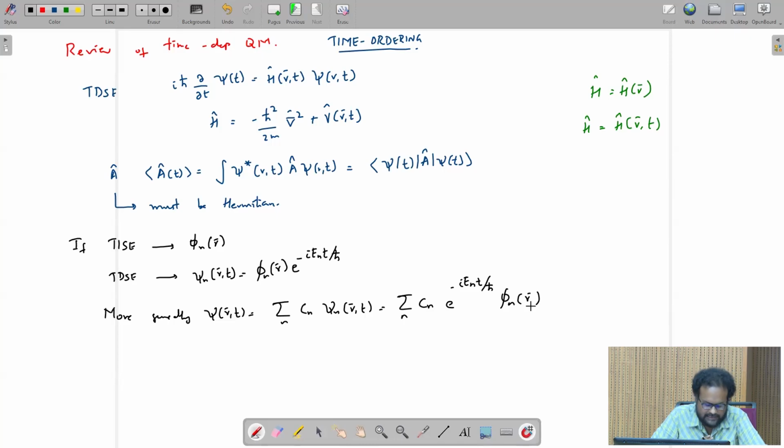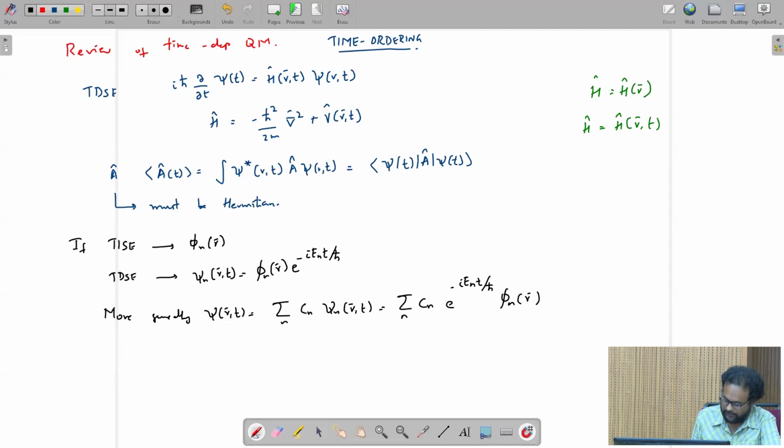Now, for such a wave function, what do you think? How does the probability density for such a system behave in time? If I have such a wave function evolution, let's take a simple example. Let's take a two-level system. There are two eigenstates of the system.